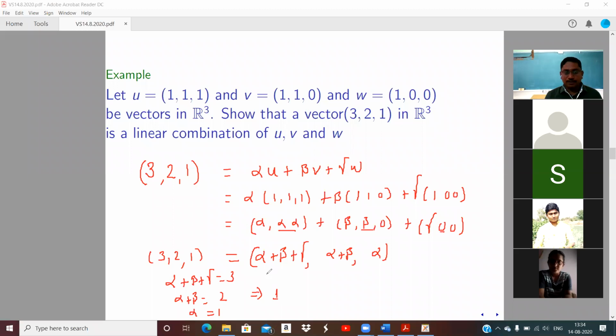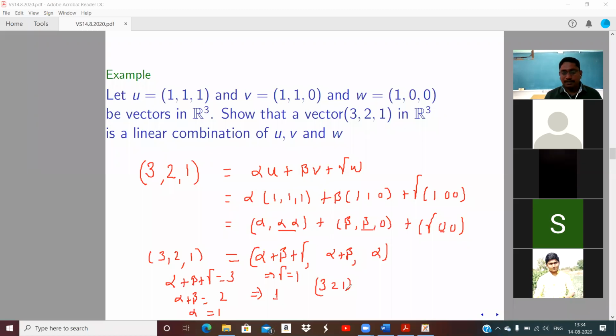If alpha and beta are 1, what is gamma? Gamma is also 1. So in this way, (3,2,1) is written as 1 into (1,1,1), 1 into (1,1,0), and 1 into (1,0,0). So you can check.